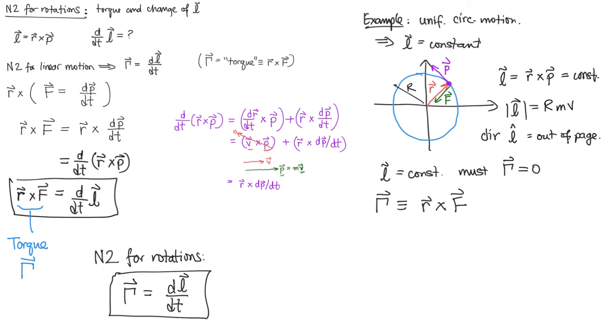So we have two vectors. We have r and we have F. And those two vectors have an angle between them of 180 degrees.